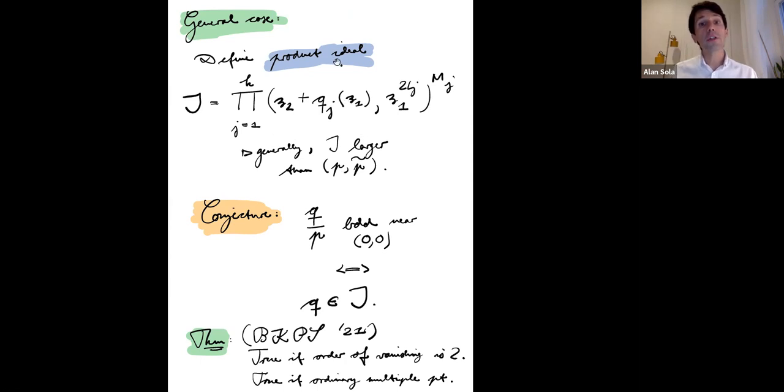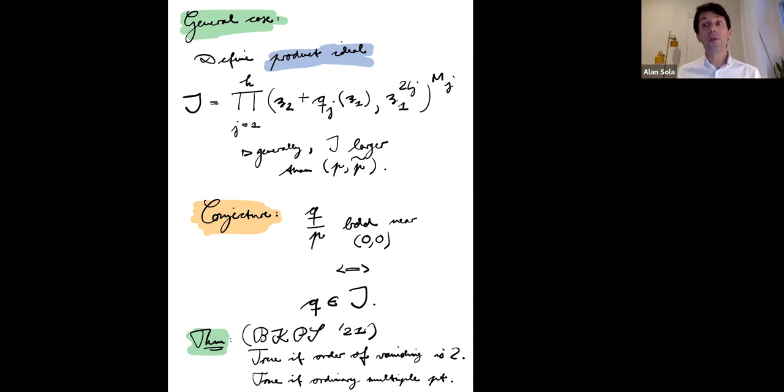And the conjecture that we have for the general case is that a rational function of the form Q divided by P should be bounded at the origin precisely when the numerator polynomial is drawn from this product ideal. So this looks like a conjecture that's maybe supported by little evidence, as has been discussed in this talk.